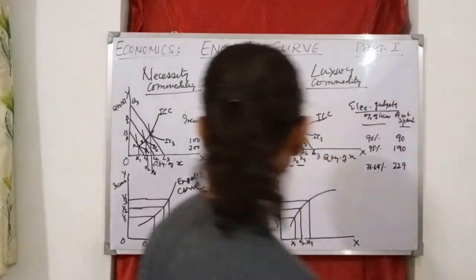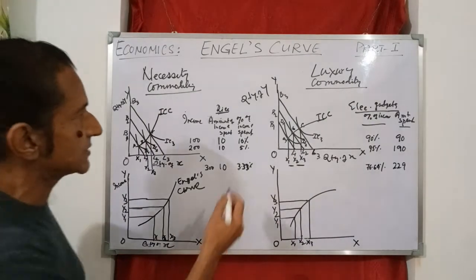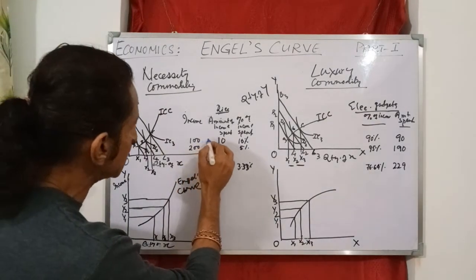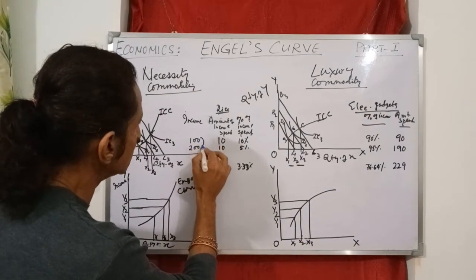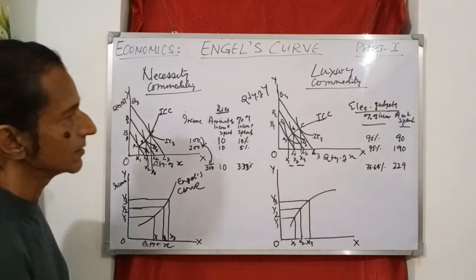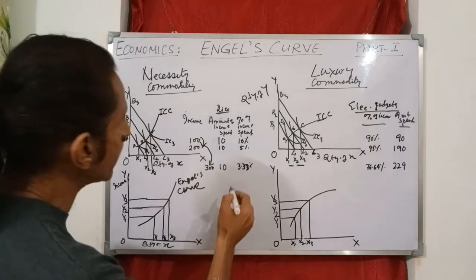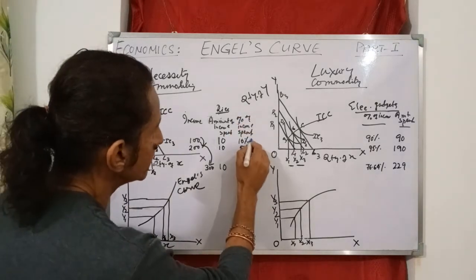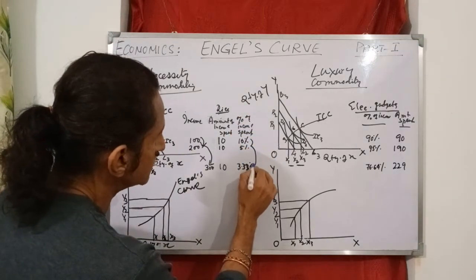Now please notice that as income of the consumer is increasing from 100 to 200 to 300, the percentage of income spent on the necessary commodity falls from 10% to 5% to 3.33%.